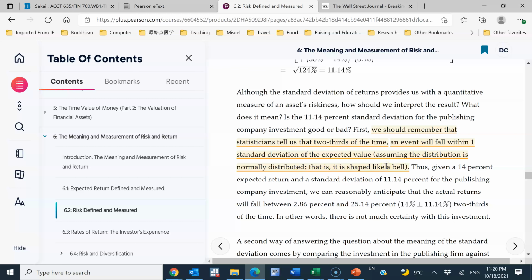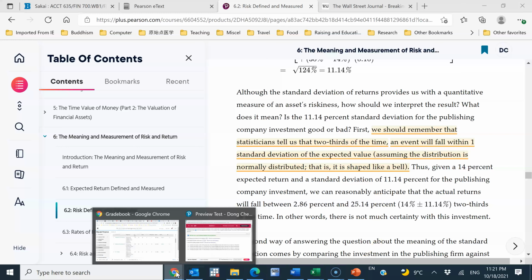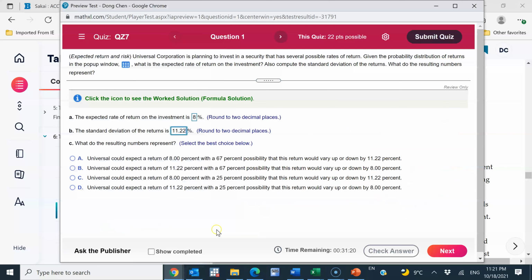So that's the common assumption, normal distribution. And with that assumption, statistics tell us that an event will fall within one standard deviation of the expected value with two-thirds of the probability. So that's how we can interpret the statistics here.